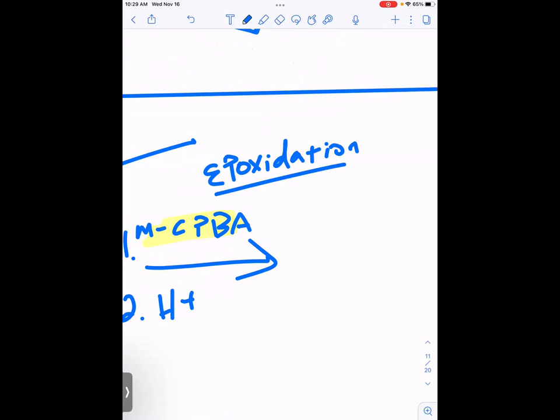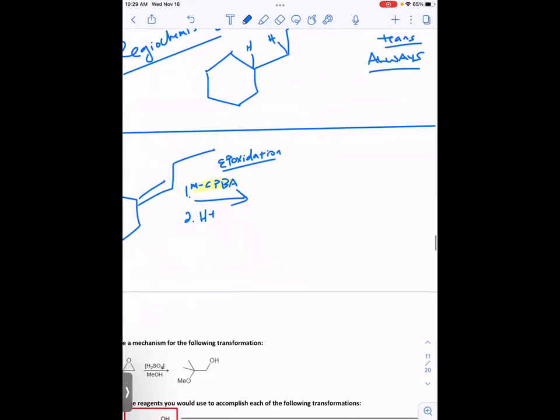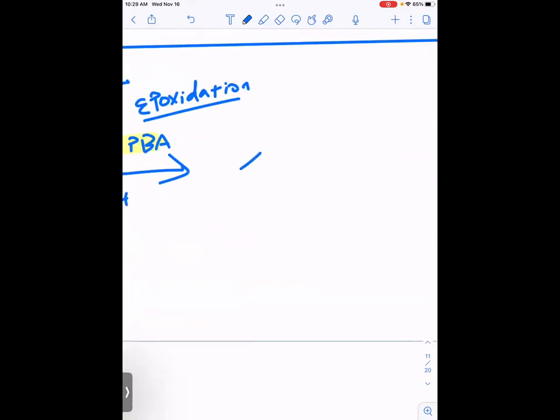So an epoxide is a special type of ether. It's a 3-membered ether. So this is what the product is going to look like. We're going to go through the mechanism. This 3-membered ring right here, that's what we call an epoxide.